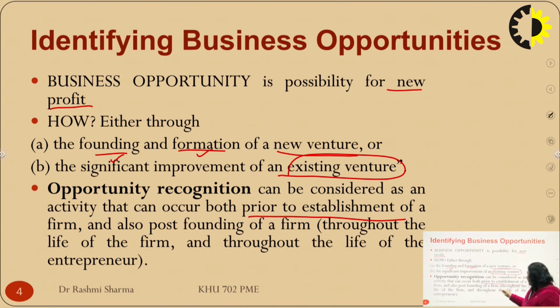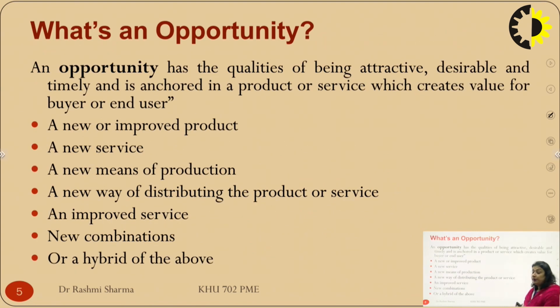And post-founding of the firm, that is, throughout the life cycle of that entrepreneur, we require those changes. So enterprises need upgradation each and every time, like the software which you have in your mobile phone. Each and every time there is an update available for that software. That is, they have identified the opportunities or the loophole areas where they need improvement in their application.